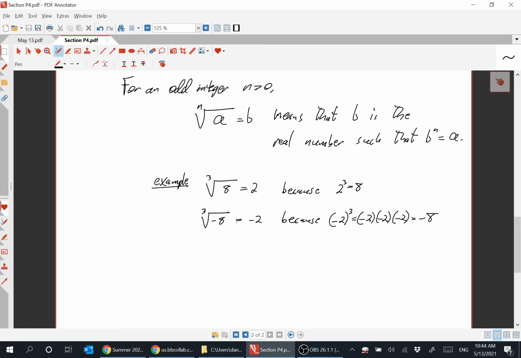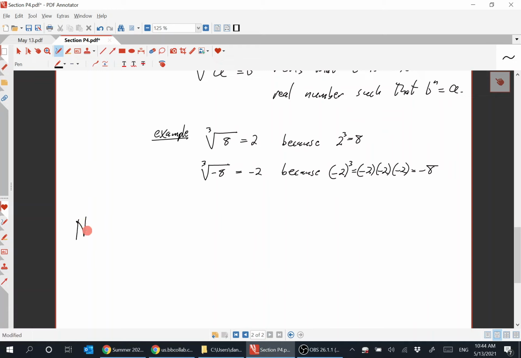Okay, so now that we have this notion of what an nth root is, we're able to define exponents for any rational number.